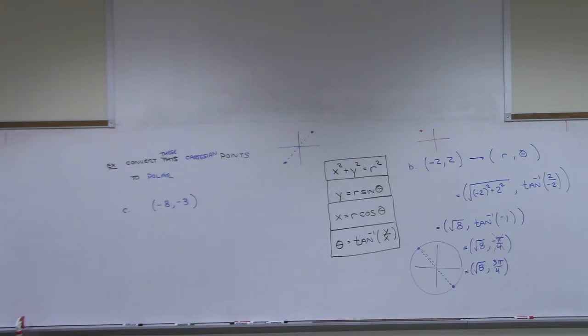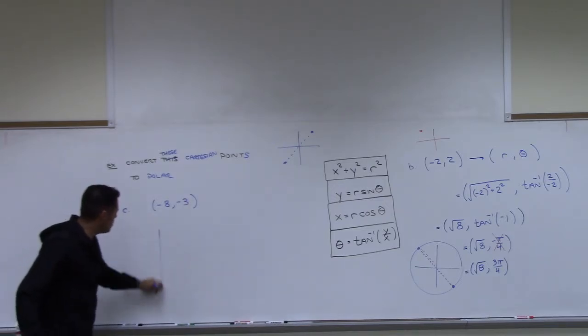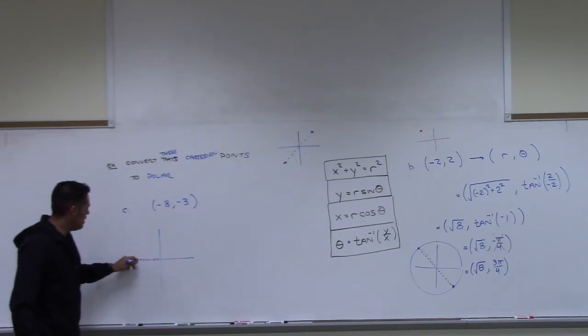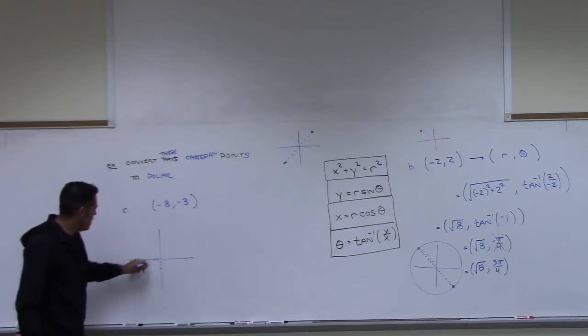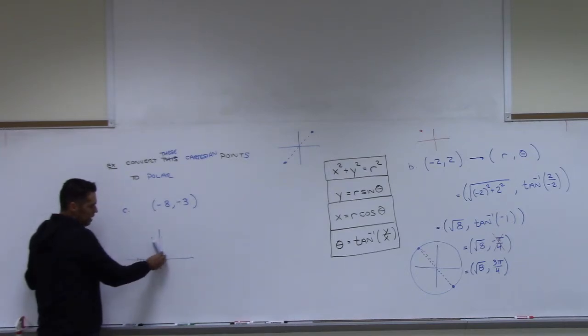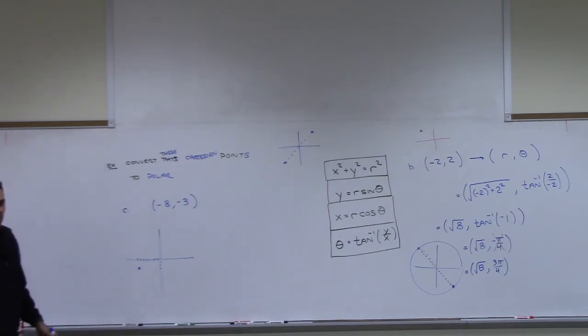Third quadrant, right? So I need to try and find its polar representation. And remember, the big picture of what we're doing here is: here's negative 8, here's negative 3, here's a point. I would like to know what angle I have to turn by, and then what distance I have to walk out to get to that point. That's what I'm asking for.